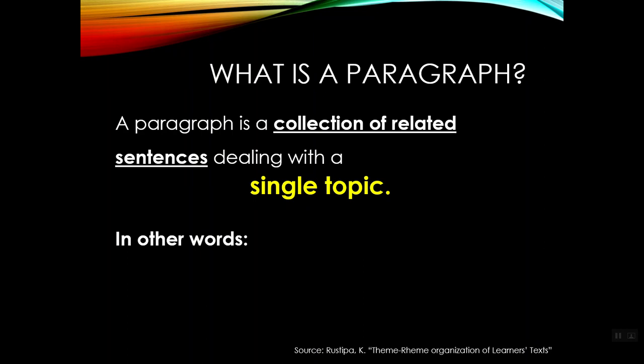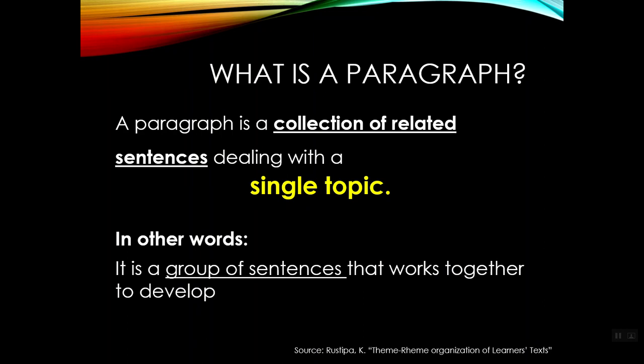One topic. If you happen to have three in that paragraph, it's very obvious your reader will be a little confused. So in other words, you will have some groups of sentences. Hopefully your sentence structures are grammatically correct.